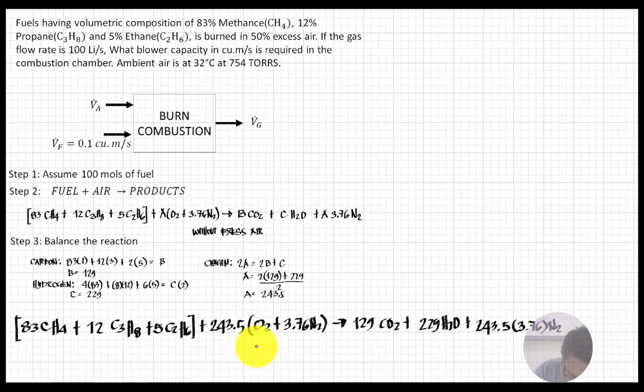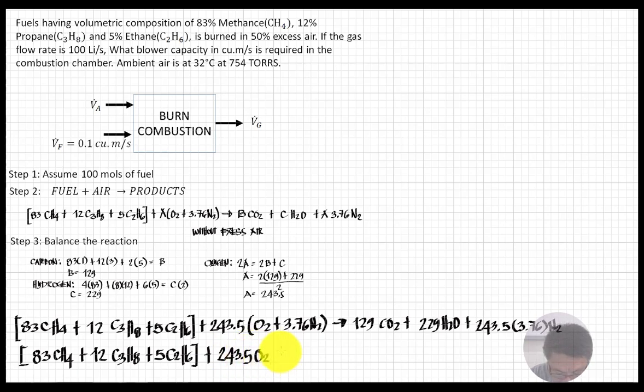We can further rewrite our combustion formula, so let's distribute this value here. We have 243.5 for your coefficient of oxygen, then multiplying 3.76 by 243.5, we have 915.56 for your nitrogen.